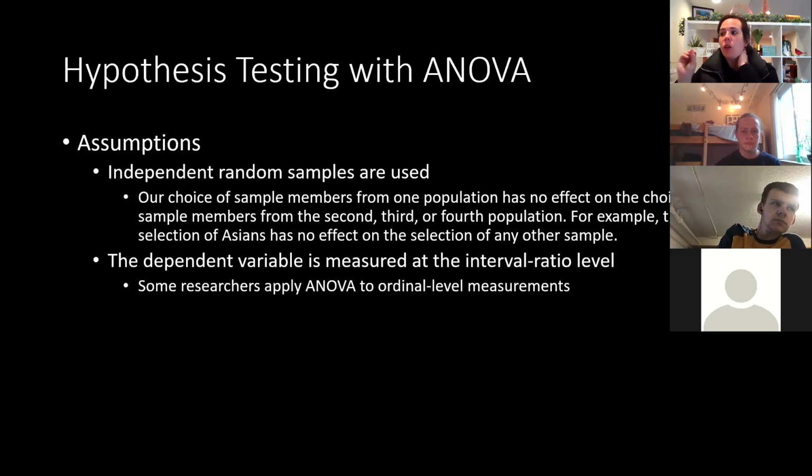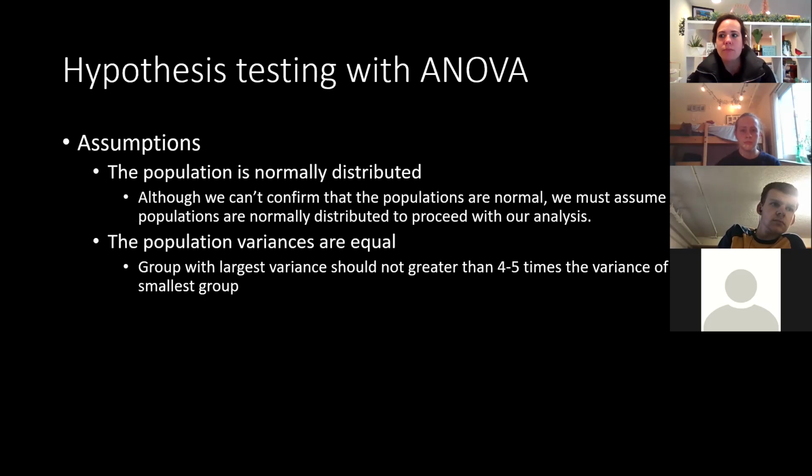The dependent variable is also measured at the interval ratio level. This cannot be categorical, okay? So that's something else we need to be mindful of. These are the assumptions we have. We also assume that the populations are normally distributed. We can't confirm that 100%, but that is an assumption we take with an ANOVA.